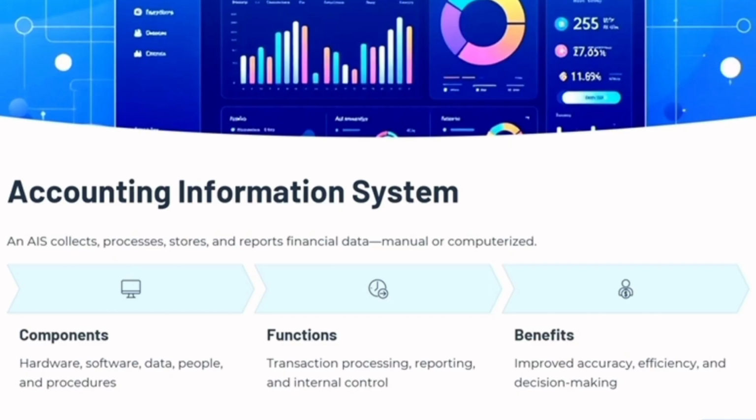Technology plays a more important role through the hardware like computers and servers, and the software that performs accounting tasks. Finally, internal control ensures the system is safe, reliable, and protected from errors or fraud. When all these components work together, the AIS becomes an organized and secure system for managing financial information.